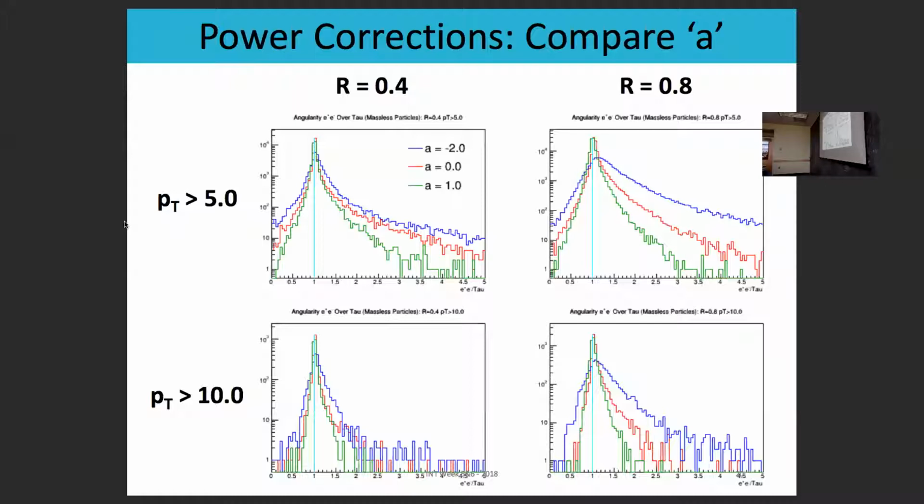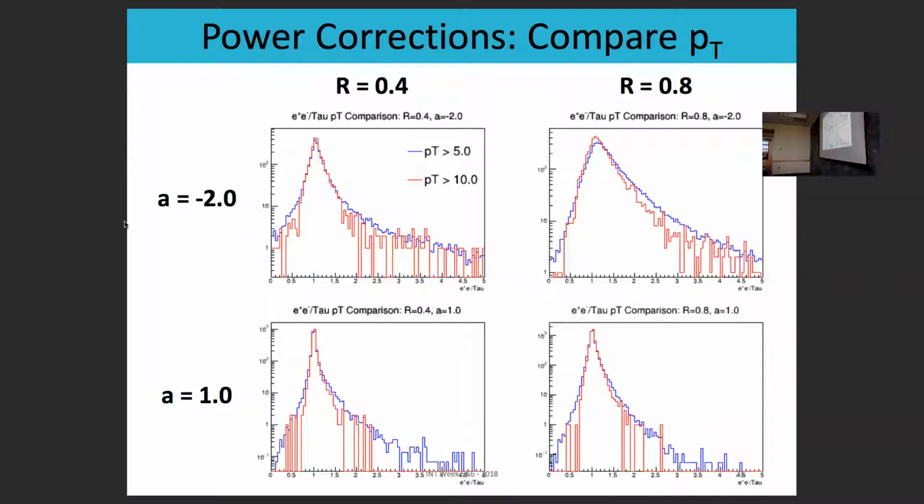The larger these values and the more offset from 1, the more influence we get from the higher order terms. So for any given radius and PT, the lower we go in A, the more contribution we have. And as we go up, that contribution decreases.